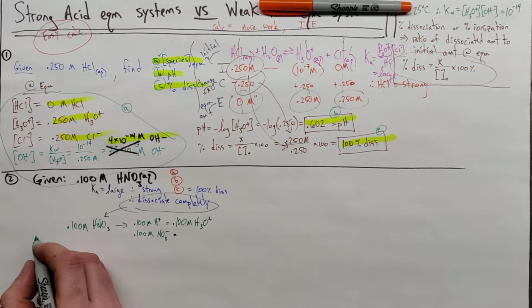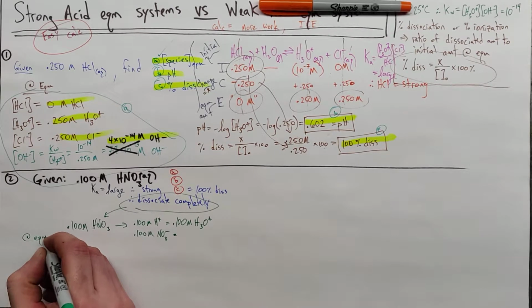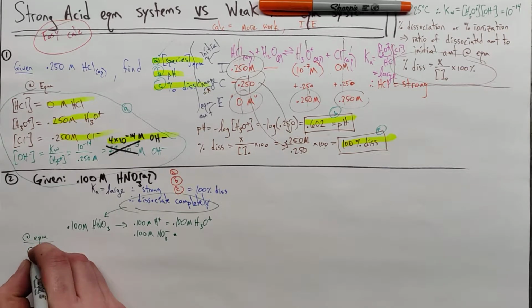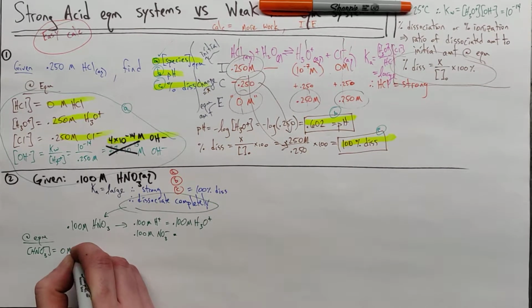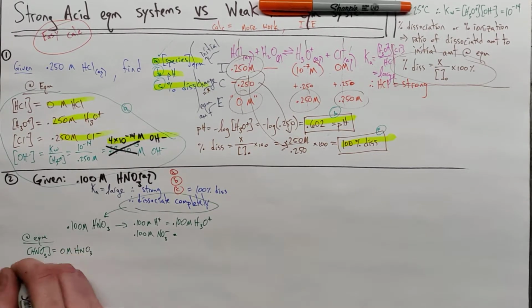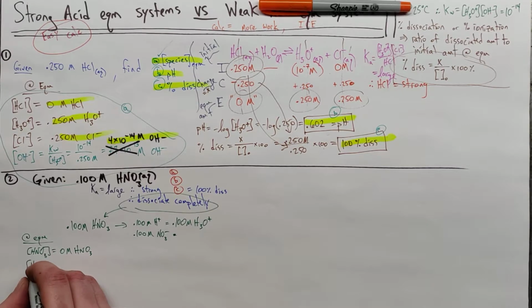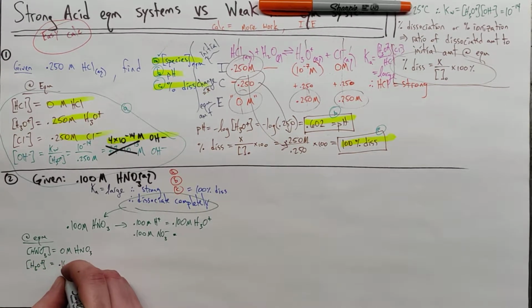So in our final solution at equilibrium, we have to worry about some concentration of HNO3. It dissociated completely, so that's 0 molar HNO3. We've got to worry about some concentration of H3O plus, which is what the HNO3 used to be, 0.100 molar H3O plus.